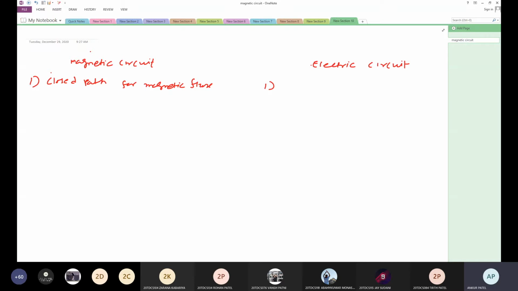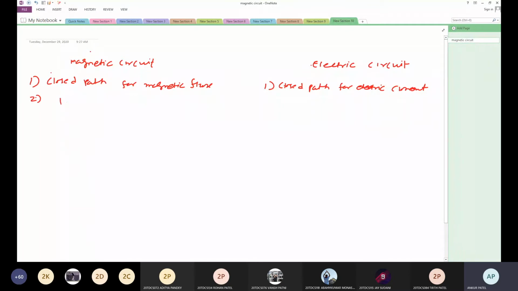The closed path for electric current is called electric circuit.